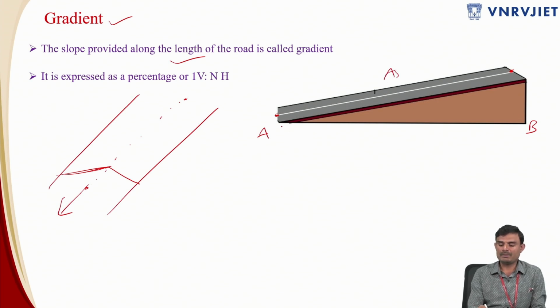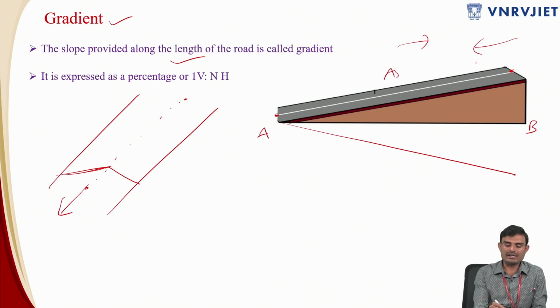If point B is somewhere over here, then that will be a descending gradient. The same thing might be an ascending gradient in the forward direction, and a descending gradient in the reverse, if this is your point A and this is your point B, where you have come down to a different level compared to point A. So it depends upon the direction of travel, whether it is an ascending gradient or descending gradient.